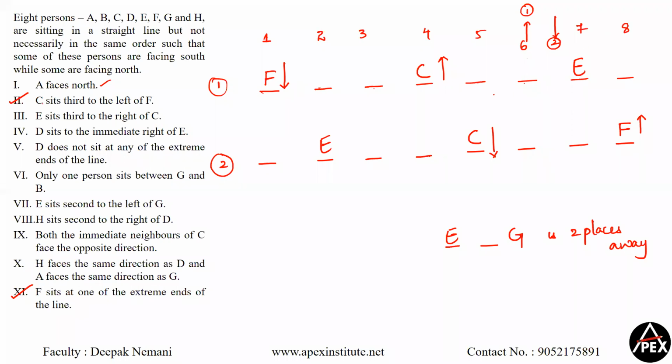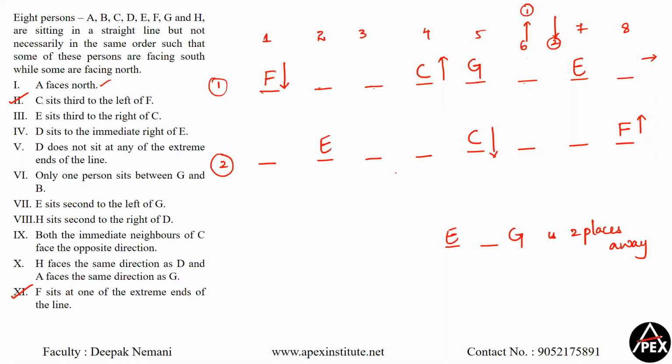In case 1, where can we have G? 5. In 5th place. Only in 5th place, isn't it? You cannot have G to the right in this direction of E. G should be here.